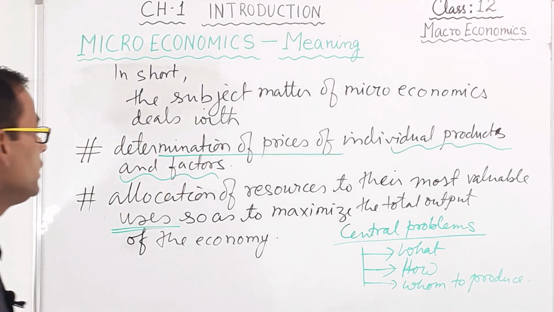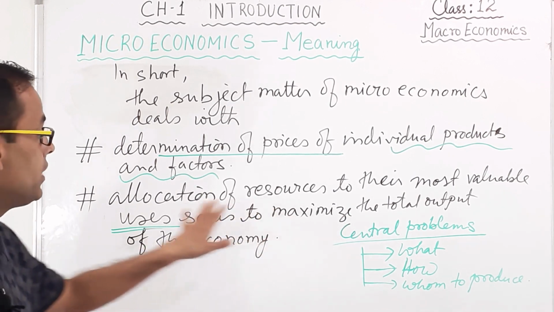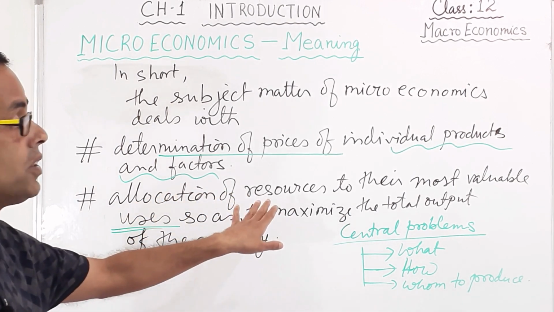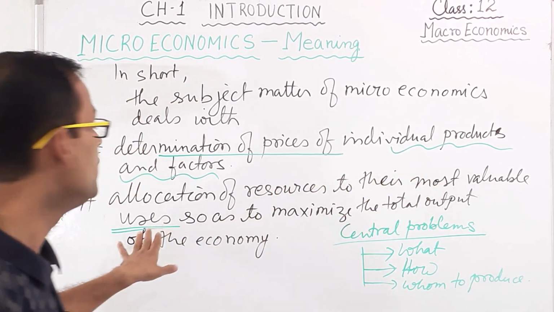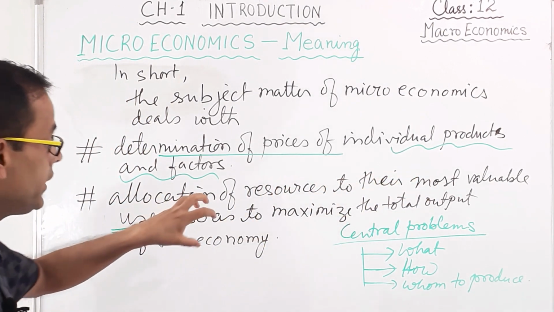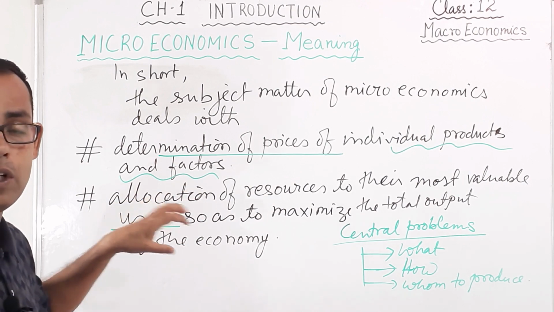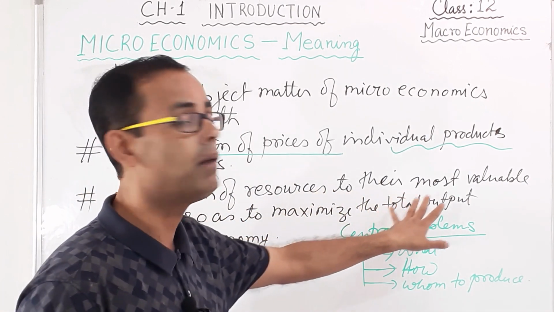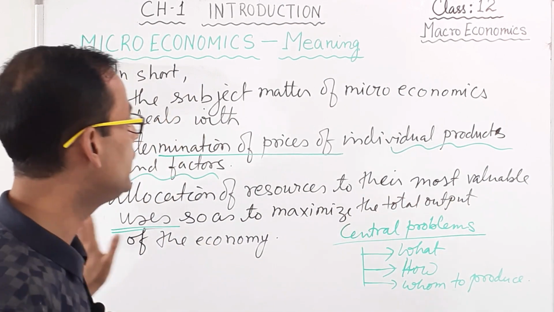So that is the reason for allocation of resources to their most valuable uses, so that we can use these resources to the maximum, and with that we can maximize the total output of the economy.